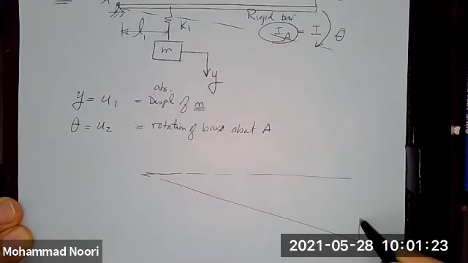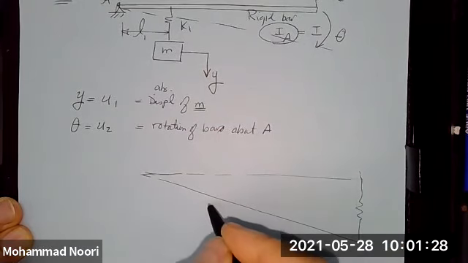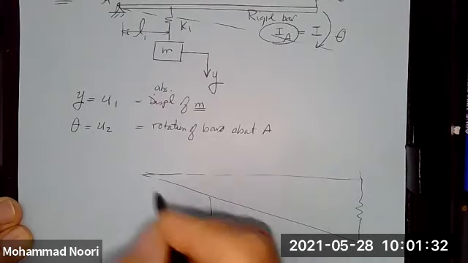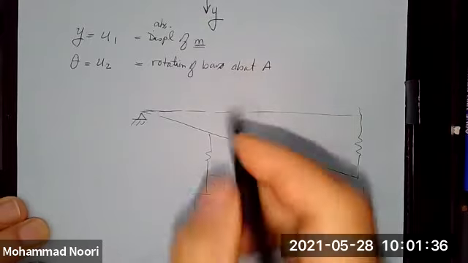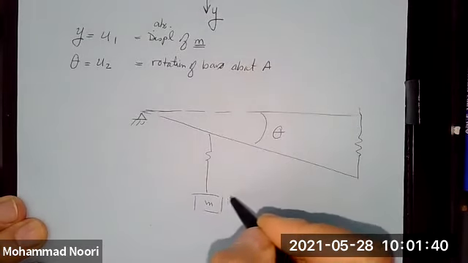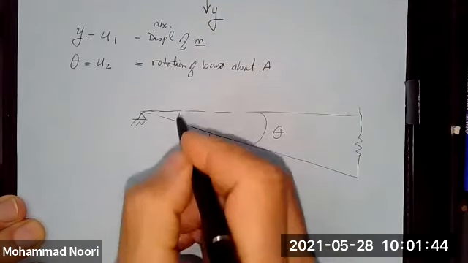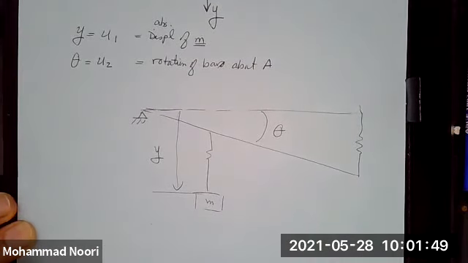So you have this mass being stretched this way, this mass comes down, okay? So it would be something like this. This is theta, and the absolute displacement, in other words, measuring this is Y, okay?